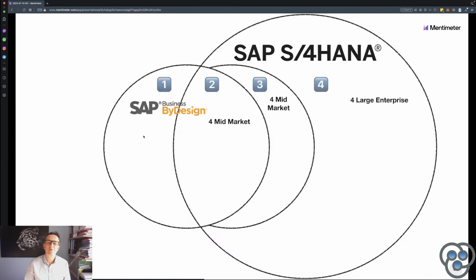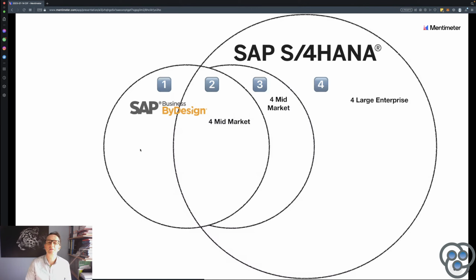Subset number 1 describes everything that SAP Business ByDesign can do which S/4HANA Cloud cannot do. For example, SAP Business ByDesign has a full-blown HR system integrated, which S/4HANA Cloud has not. That is a major difference.